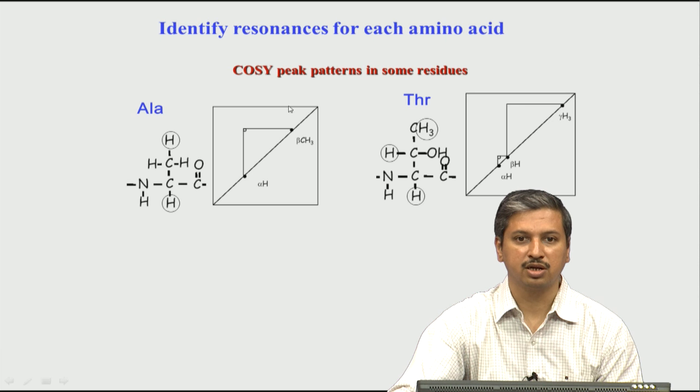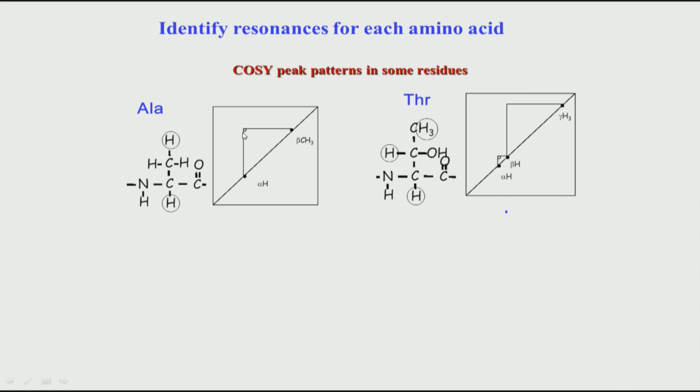Alanine is very simple, and this is what we see in many textbooks. That is alanine alpha, and we have already seen this gives a correlation to the beta proton. Remember, this axis and this axis are both hydrogens. So the beta proton is coupled to the alpha proton by 3 bond J coupling.